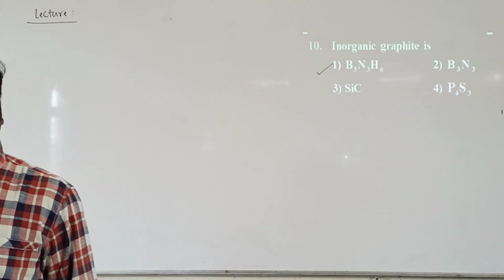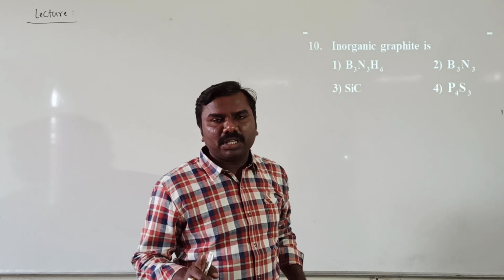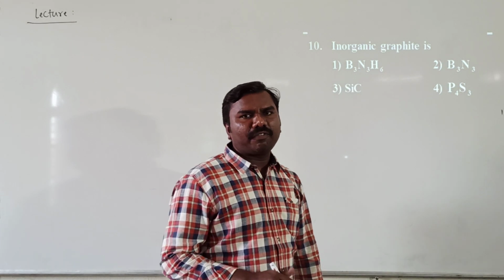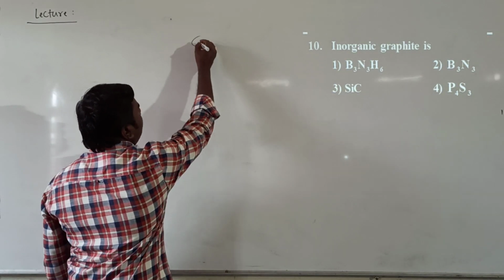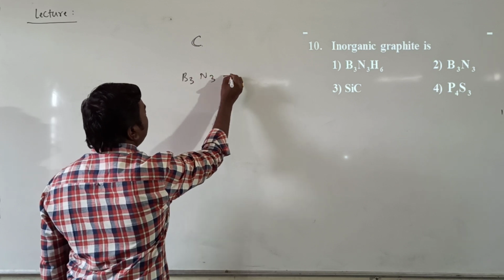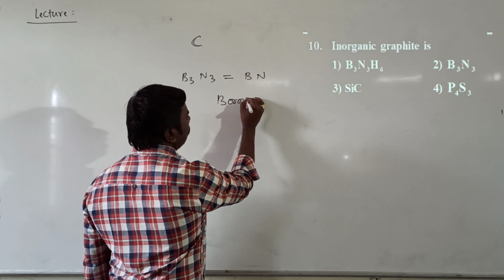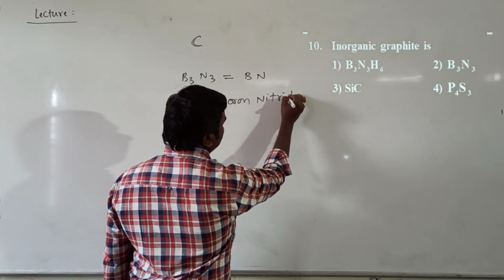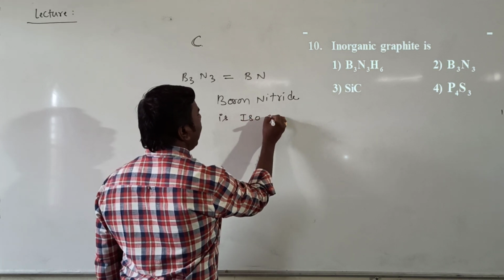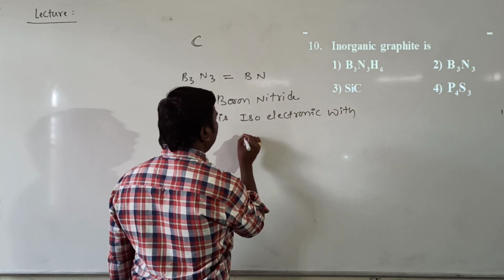Next. Inorganic graphite is not inorganic benzene. Inorganic benzene is borazine, B3N3H6. But inorganic graphite contains boron and nitrogen atoms, called boron nitride, which is isoelectronic with graphite.